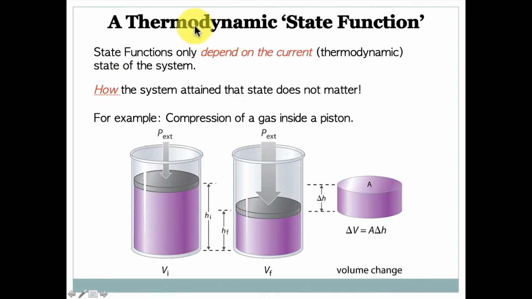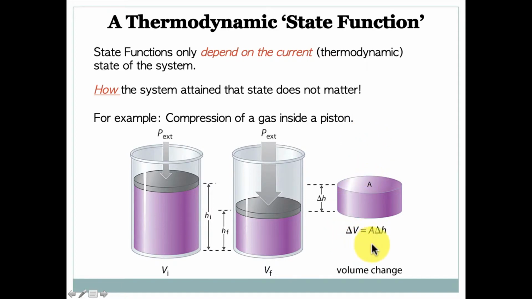This is basically the definition of a state function. It just means that it only depends on the current thermodynamic state of the system, where it started and where it arrived at. How the system attained that state doesn't matter. Another example is the compression of a gas inside a piston.